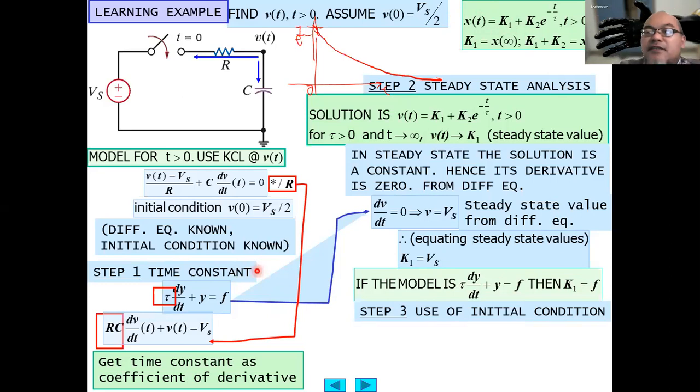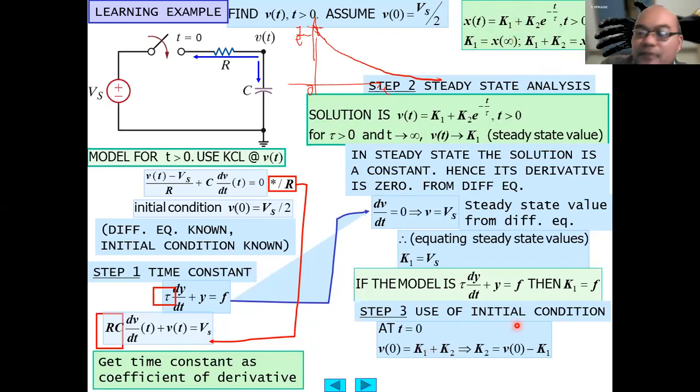Now we use the initial condition to calculate K2, the second constant in the general solution. V(t) equals K1 plus K2 exponent minus t over tau. At t equals 0, V(0) equals K1 plus K2.